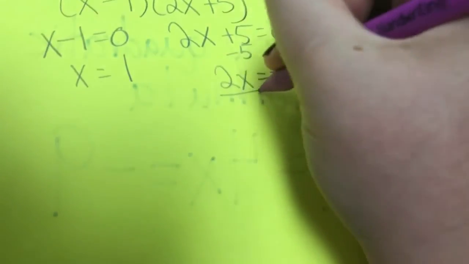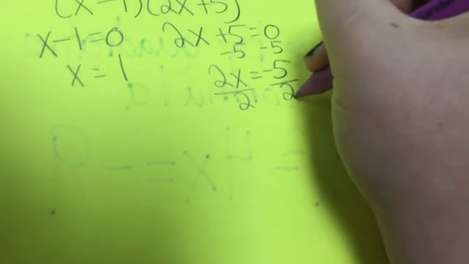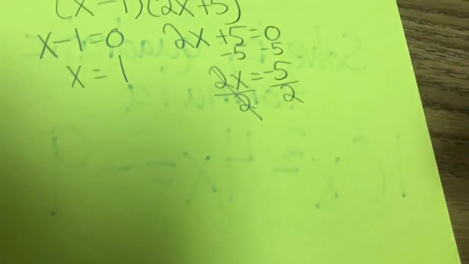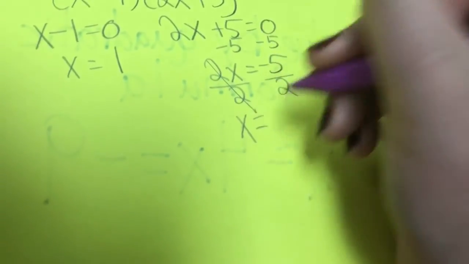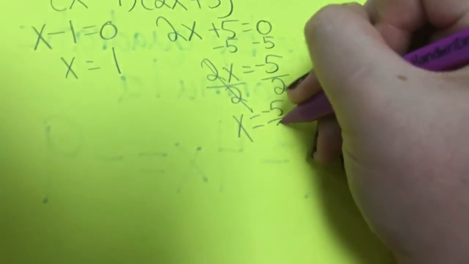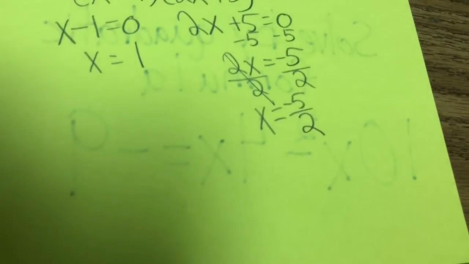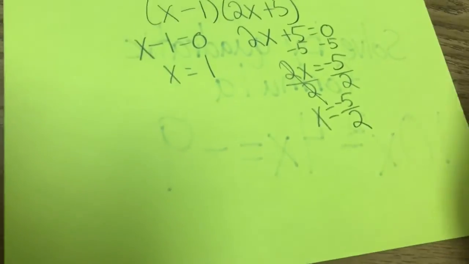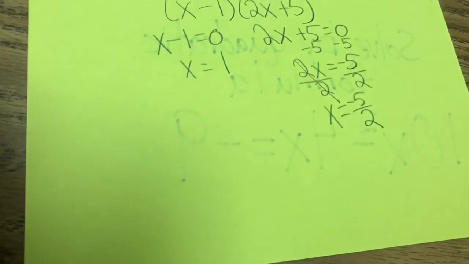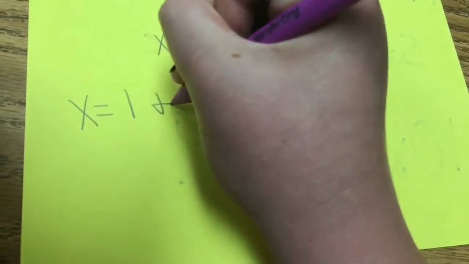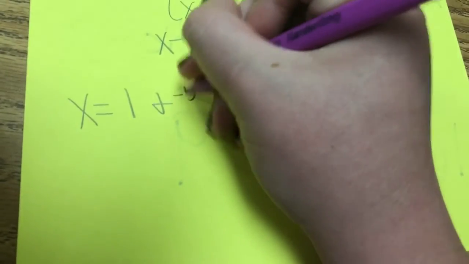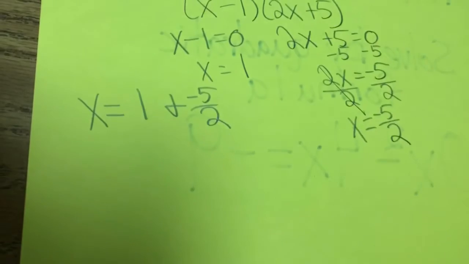I'm going to divide by 2 because there's multiplication and I want the x by itself. And I'm left with x equals negative 5 over 2. So if you were looking for the answer for this one, which is the 9th one, I have x equals 1 and negative 5 over 2. That should have been your answer.